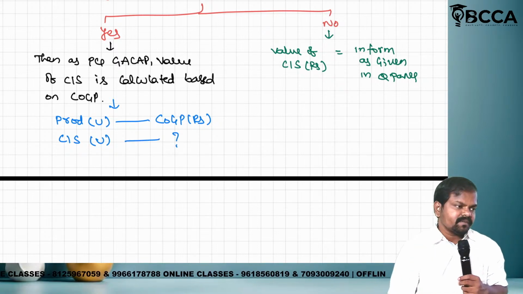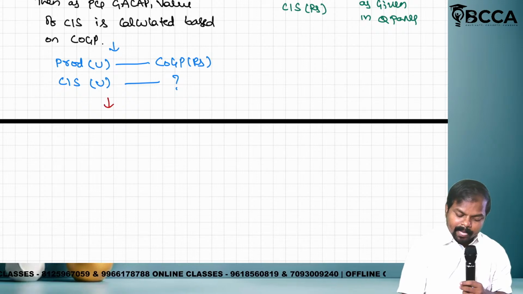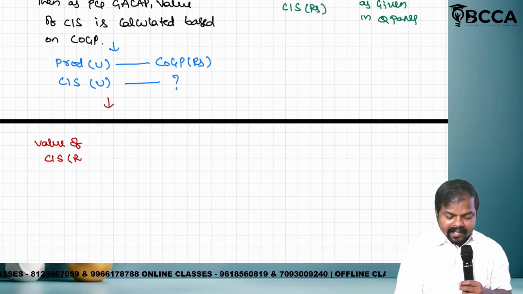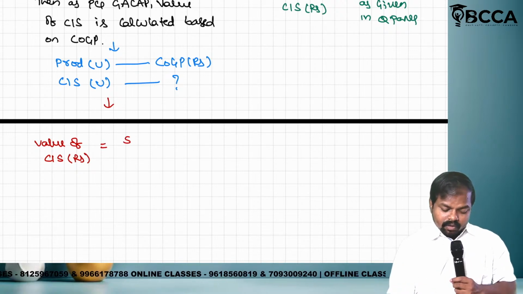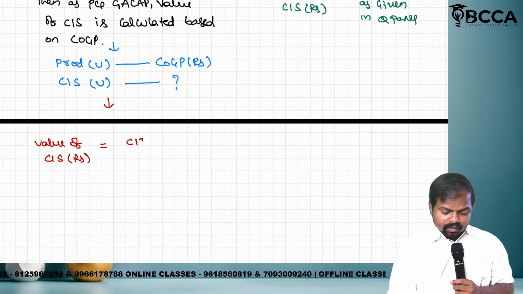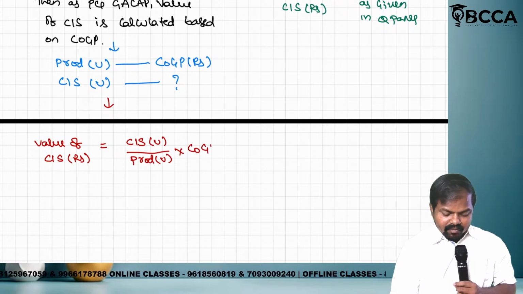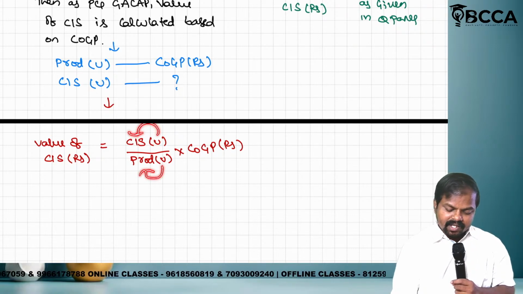This is the procedure. Then the value of closing stock in rupees is equal to closing stock in units divided by production in units into COGP in rupees. Don't strike the units out. These units relate to closing stock, these units relate to production.